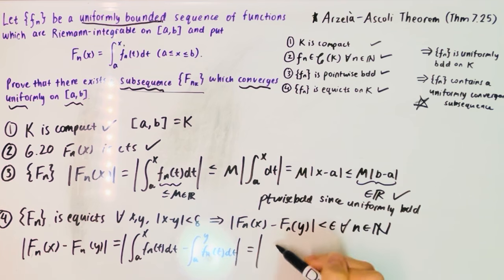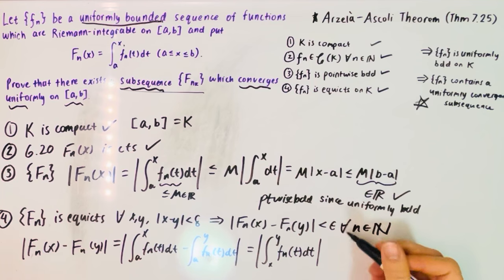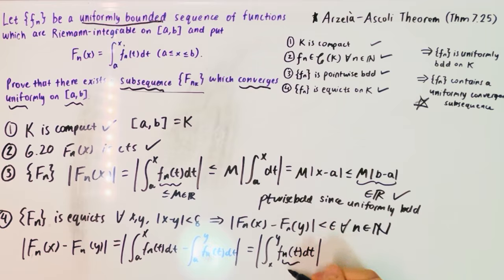And that's just going to also equal the absolute value of the integral from x to y. So you can just see, if x is smaller than y, then it's going to be like this. And if y is greater than x, then this would be negative, but we're taking the absolute value, so it doesn't matter. And again, we can just see that this is smaller than or equal to M in R due to this uniformly bounded property, so we can take it out.